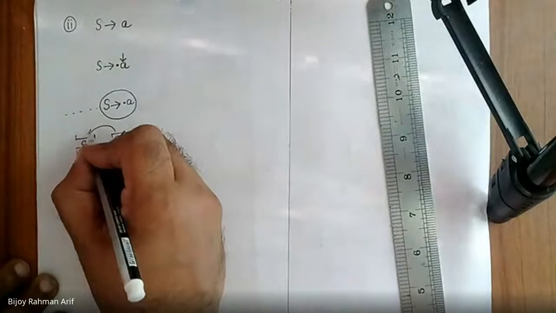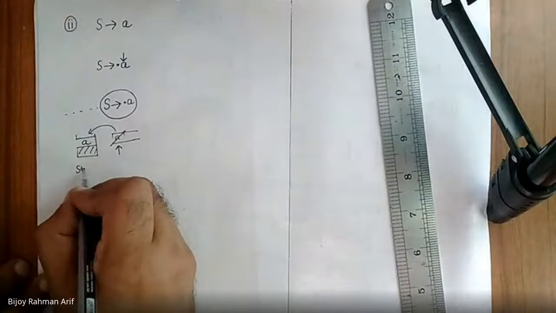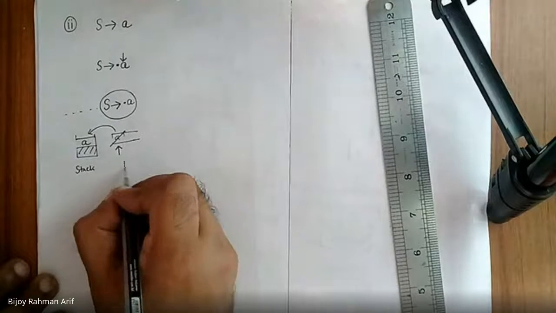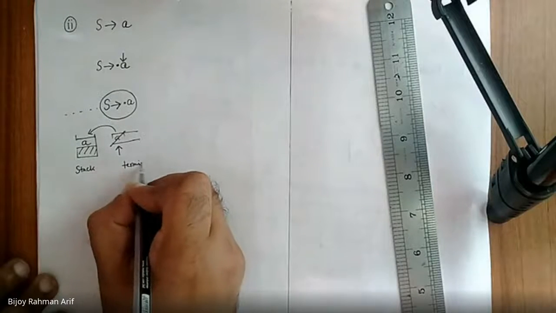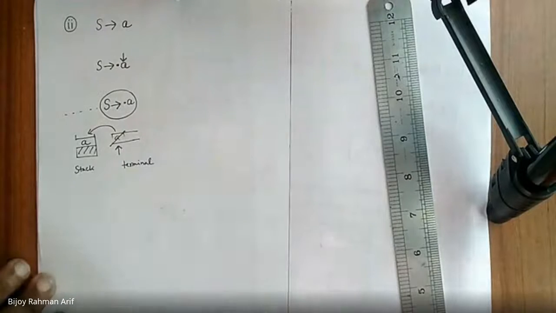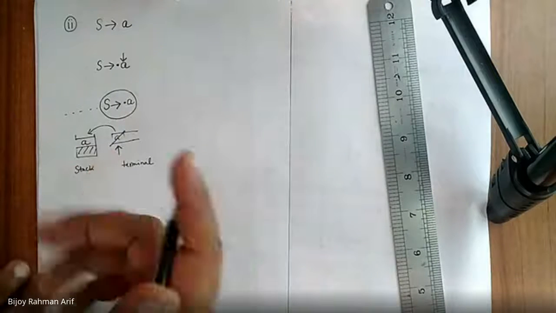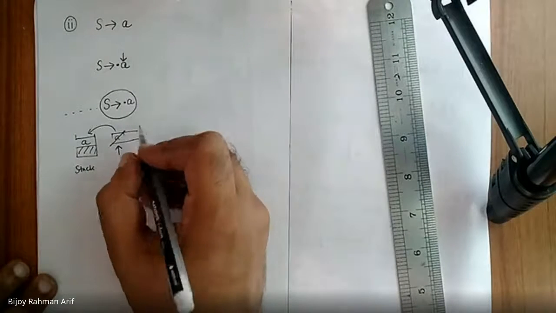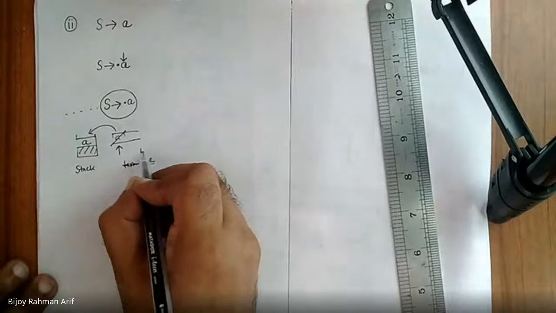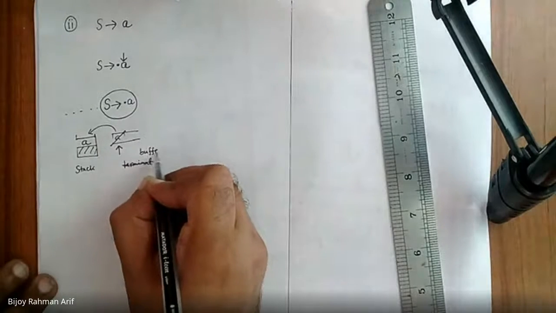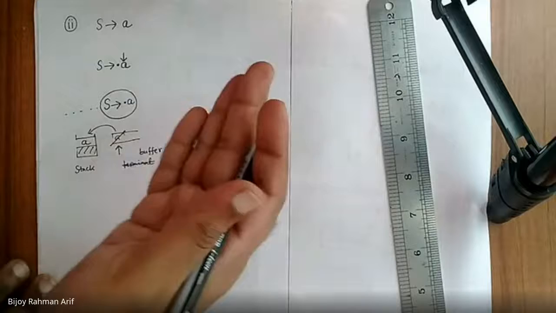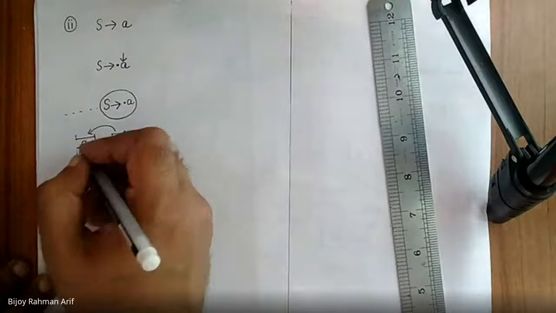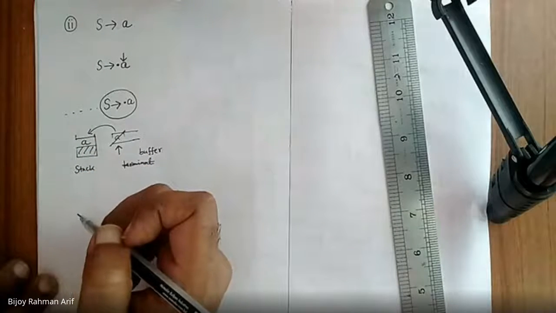From here to this is my stack. This is my terminal. Did you get it? Removing a terminal from the buffer and putting it inside the stack is called GOTO.